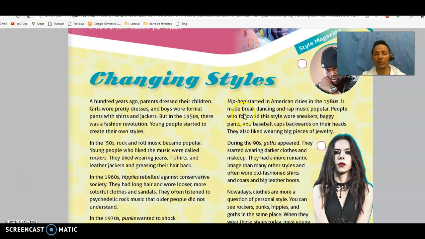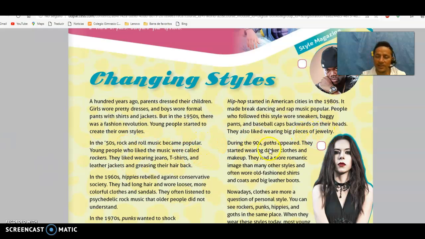Hip hop started in America in the 1980s. It made break dancing and rap music popular. People who followed this style wore sneakers, baggy pants, and baseball caps, bandanas on their heads, and they also liked wearing big pieces of jewelry.